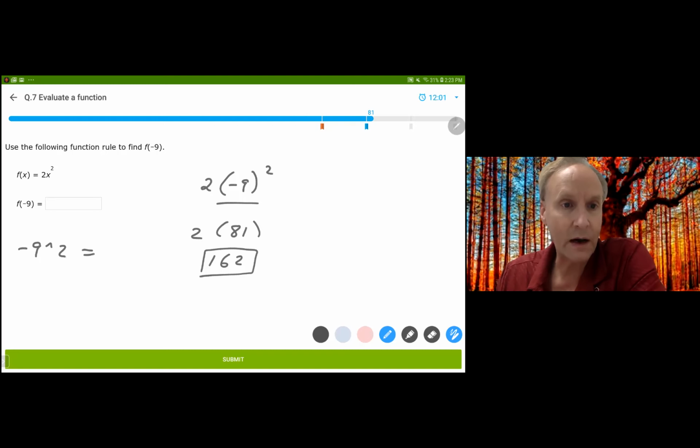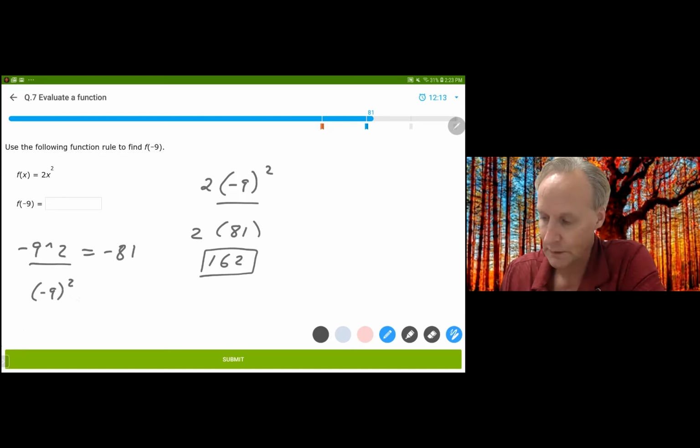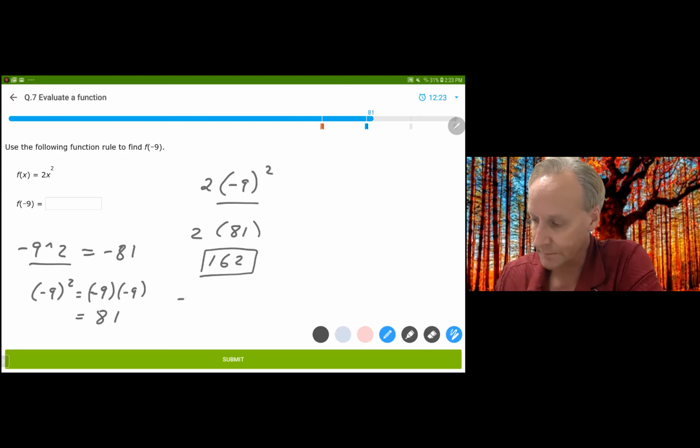And what they're going to get out is what's actually true. This right here is negative 81. And there's a difference between this, which says negative 9 times negative 9, which is positive 81, and this.